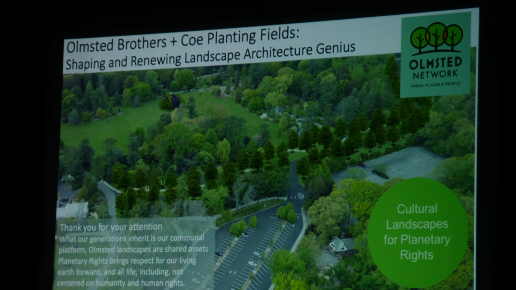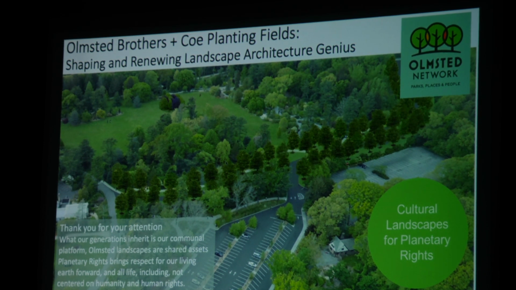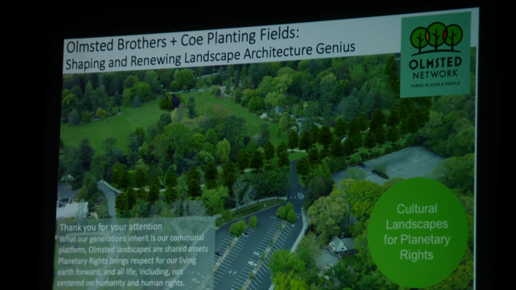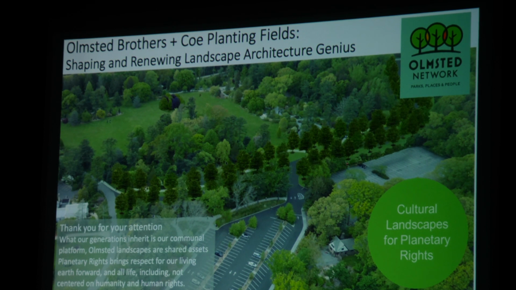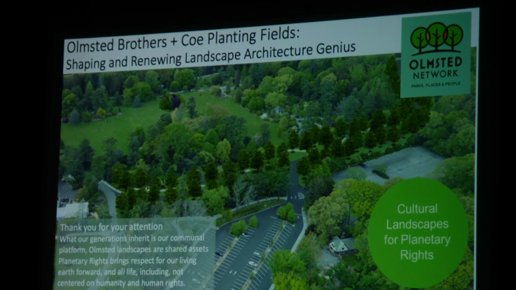The notion of planetary rights, which has come into the literature in recent years, brings respect for our living earth forward and all life, including but not centered on humanity and human rights. Part of our problem these days is that our communal platform of shared landscapes are considered principally for their human benefits.